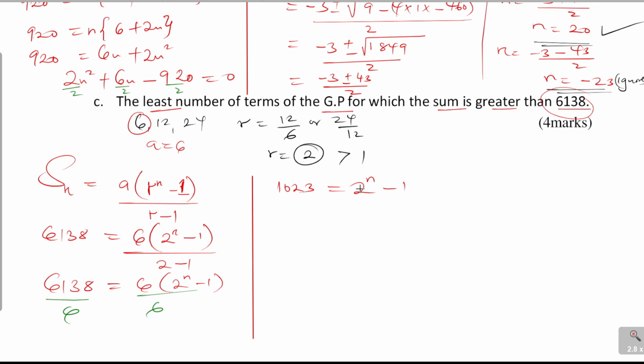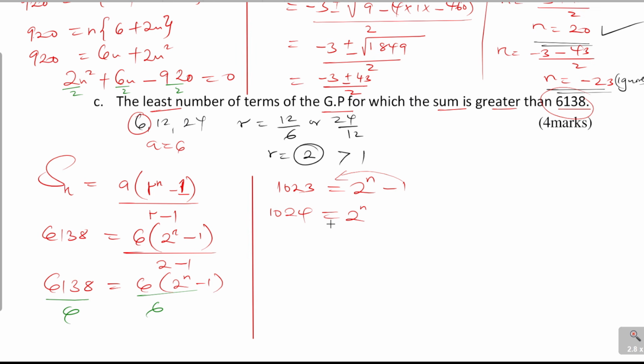Because you're solving for n, you want to get the number of terms, you take 1 from the right to the left hand side. So we shall have 1023 plus 1 is equal to 2 to the power n, which is 1024.